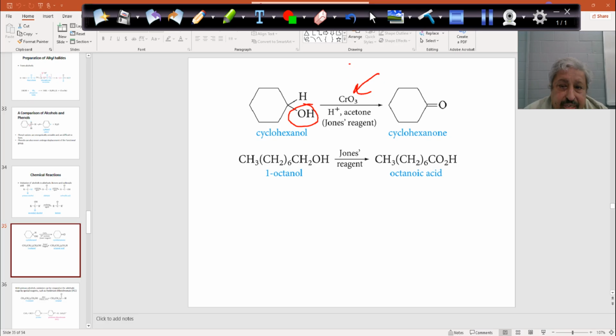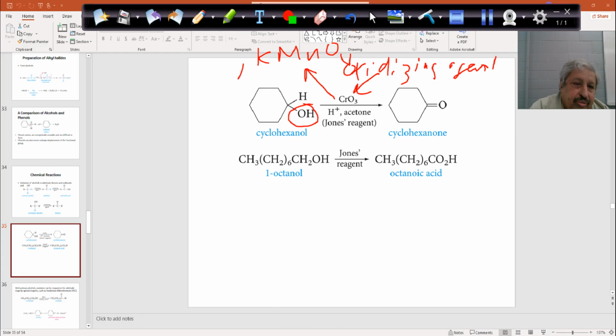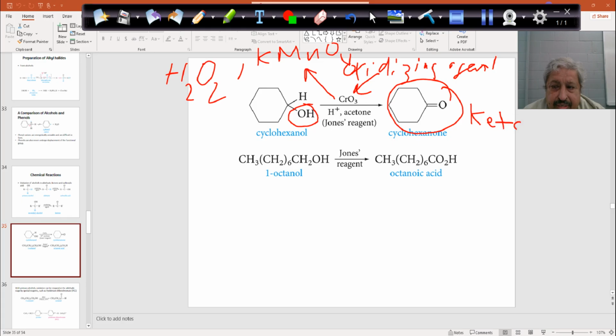This is an oxidizing agent. You can use this one, or you can use permanganate, or you can use hydrogen peroxide. If you use those types of oxidizing agent, you get the ketones out of it, correct?